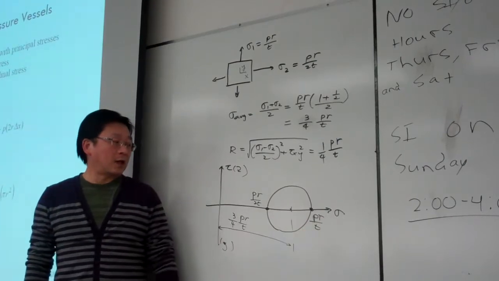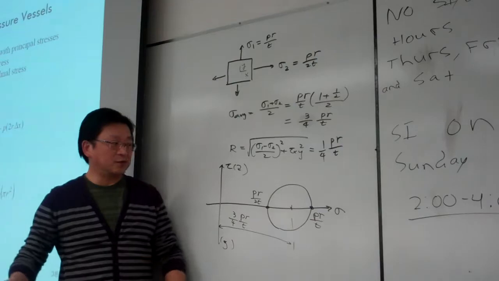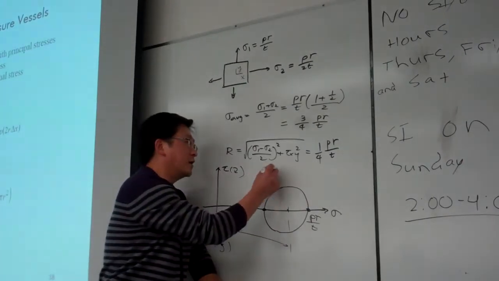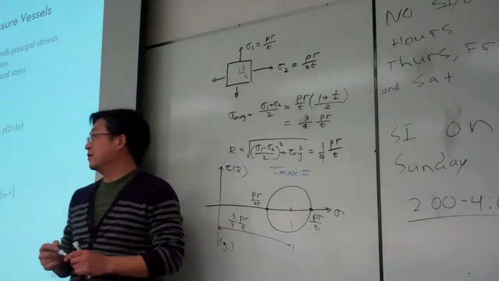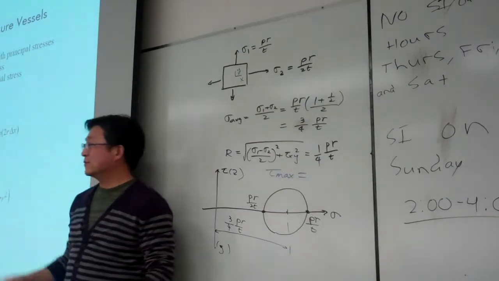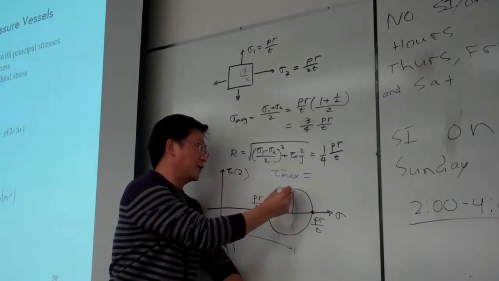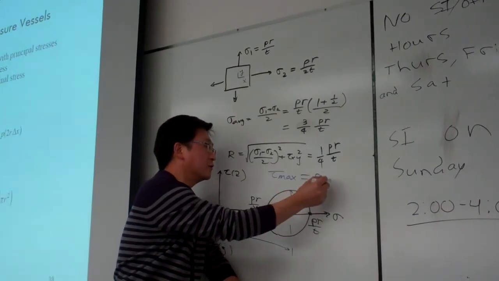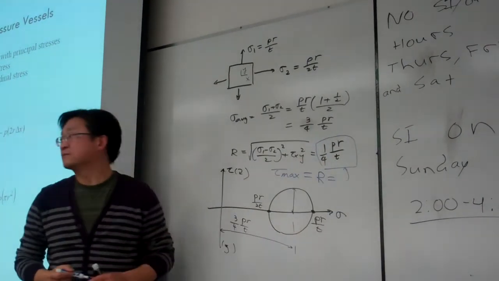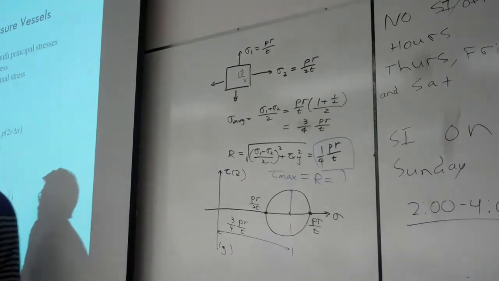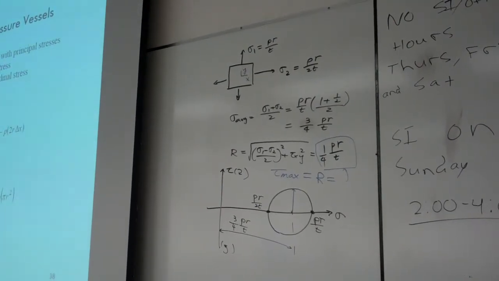And on the other side, in terms of this small circle, what is the maximum shear stress in the tank? The radius, right? So that will be equal to this one.